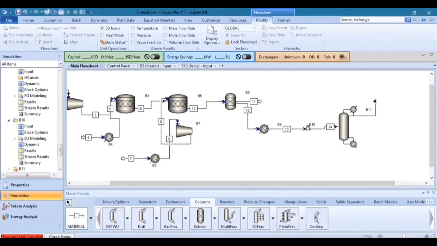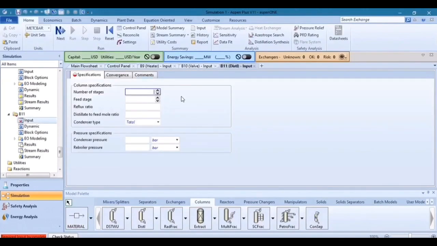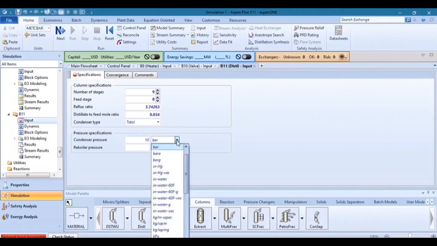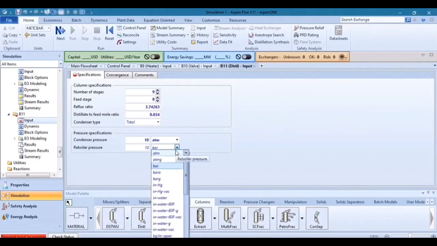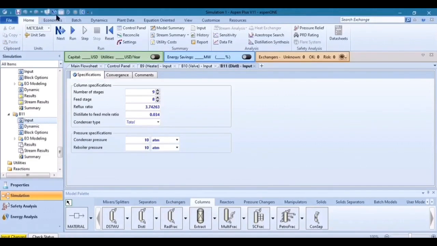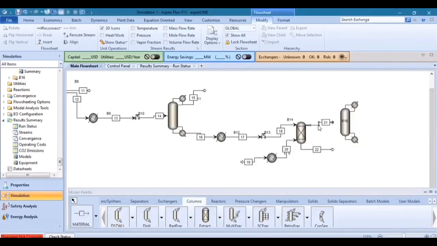Then, for the light end column, we will be using DISTL unit in Aspen. Based on our calculation, we can put number of stages, feed stage, reflux ratio, distillate to feed mole ratio, together with condenser pressure and reboiler pressure. Then we can run the simulation.